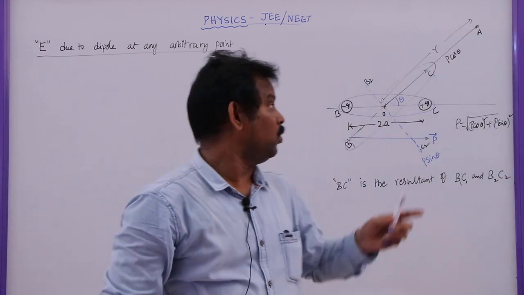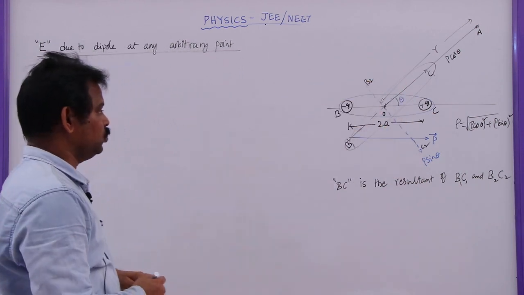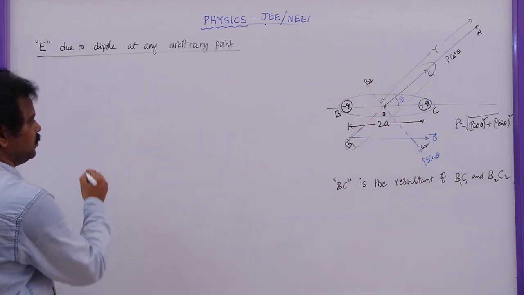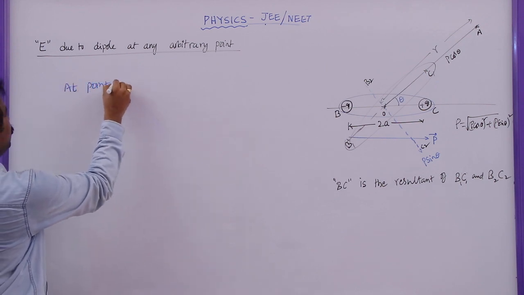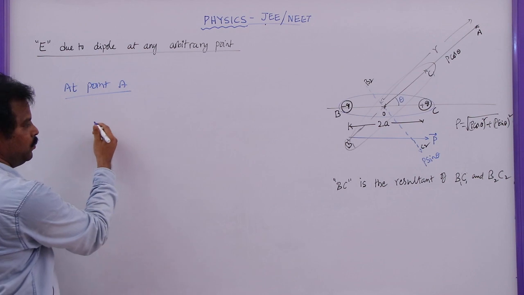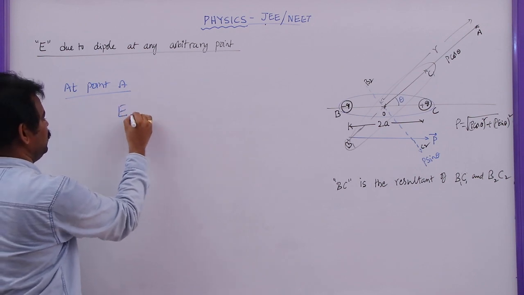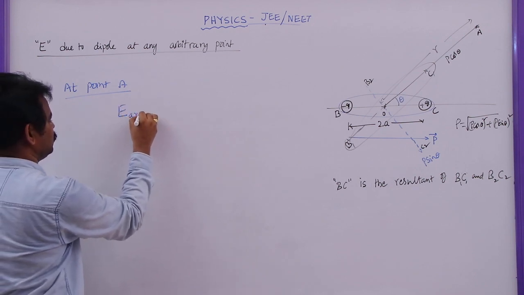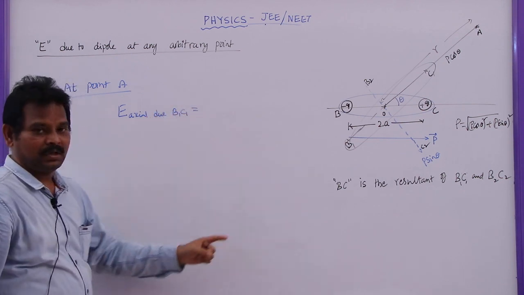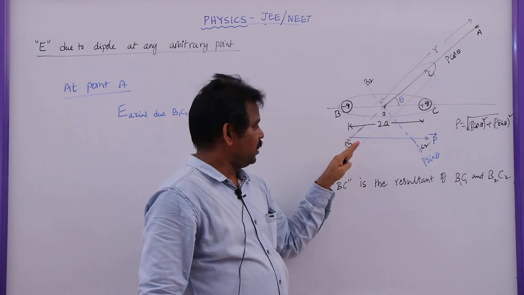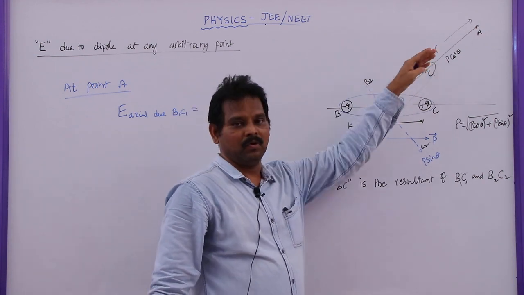So what is the electric field at point A due to B1 C1? At point A, let me write E axial due to B1 C1, because point A is on the axial line of the B1 C1 dipole.